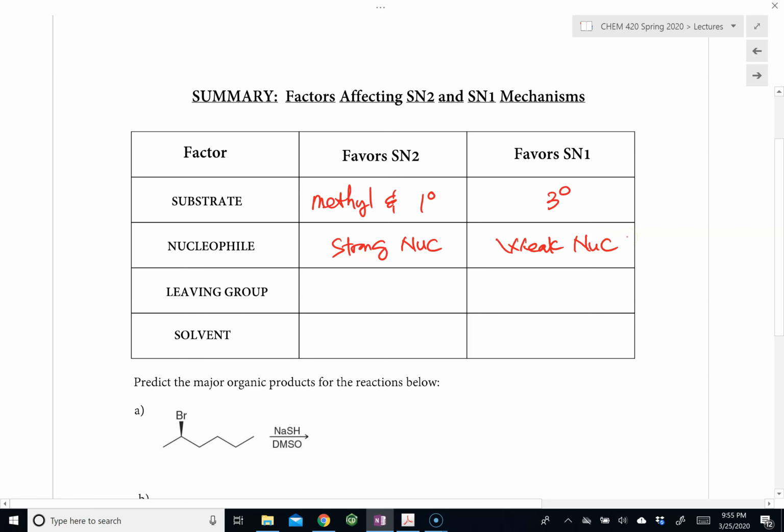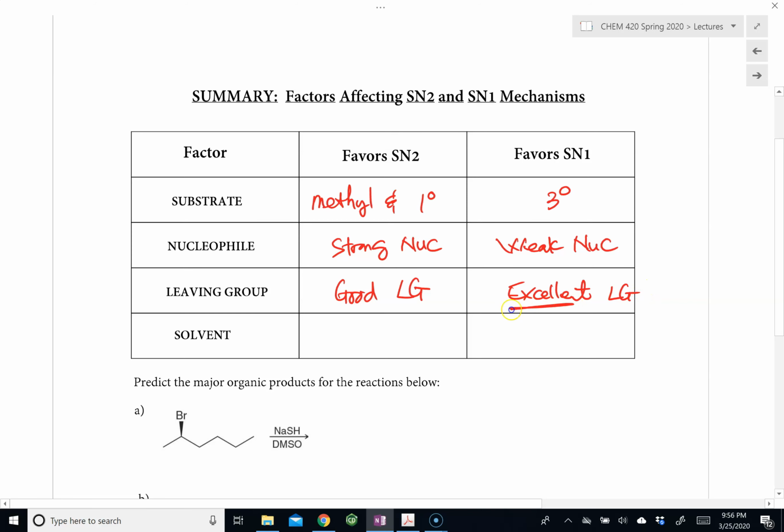And as for the leaving group, in order to undergo SN2 reaction, it has to be a good leaving group. And in order to favor SN1, it now has to be an excellent leaving group. And again, please remember that SN1 reaction mechanism is very sensitive to the identity of the leaving group because this is the rate determining step.